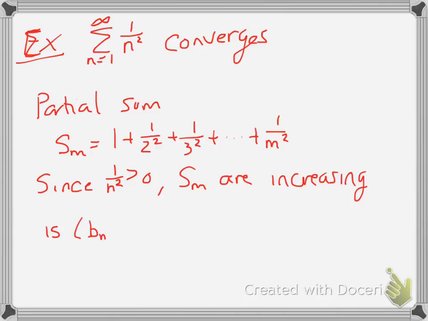So is our sequence of partial sums bounded? If it is, then we know our series will converge. So let's take a look at these partial sums and see if we can show that they're bounded.